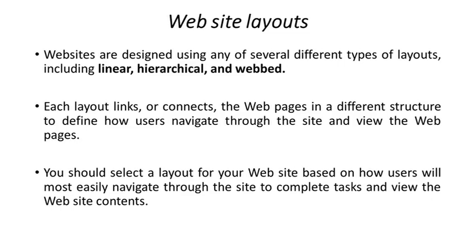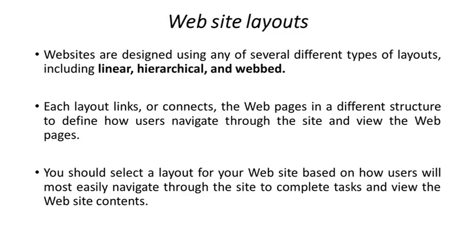So these are the three types in which you can design a website. Each layout links or connects the web pages in a different structure. So what is the main difference between these three? Simple. How your web pages are linked. That's it. If I want to move from home page to a contact page, how I can move? So that is what website layout is all about.